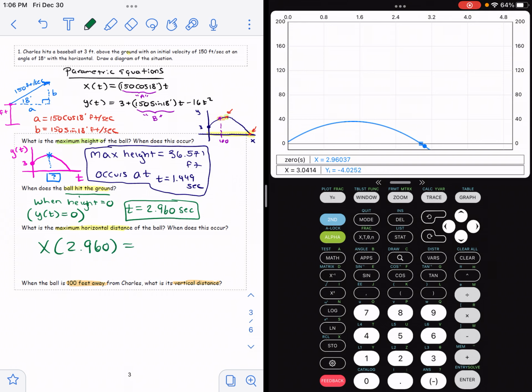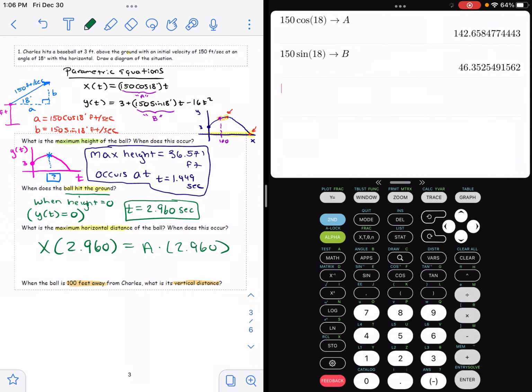That's controlling my horizontal distance. So I've already stored that cosine expression as A, so it's just going to be A times 2.96. So I'm going to go to the compute screen here and hit A times 2.96, and I get 42.27 feet.